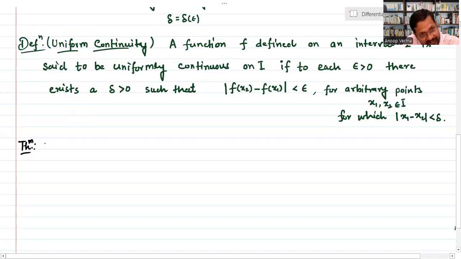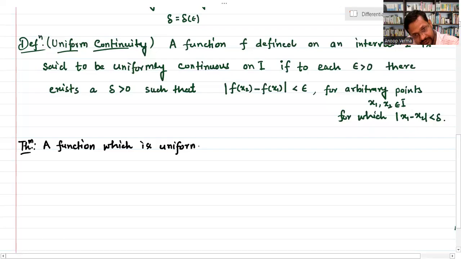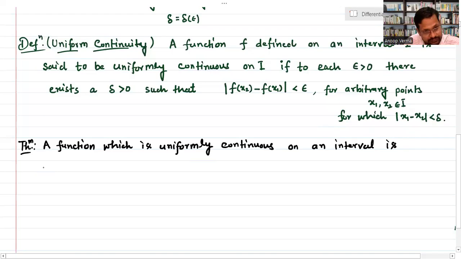Okay, so if I'm writing the theorem, a function which is uniformly continuous on an interval is continuous on that interval.